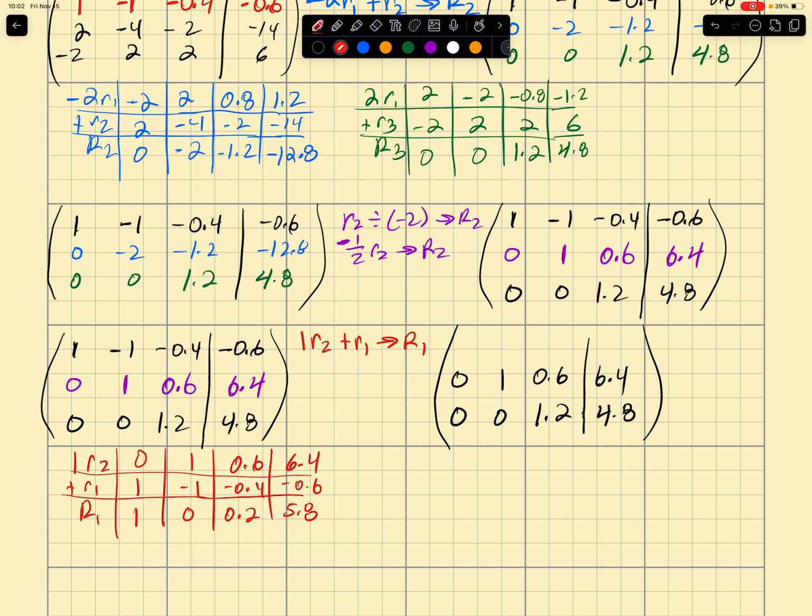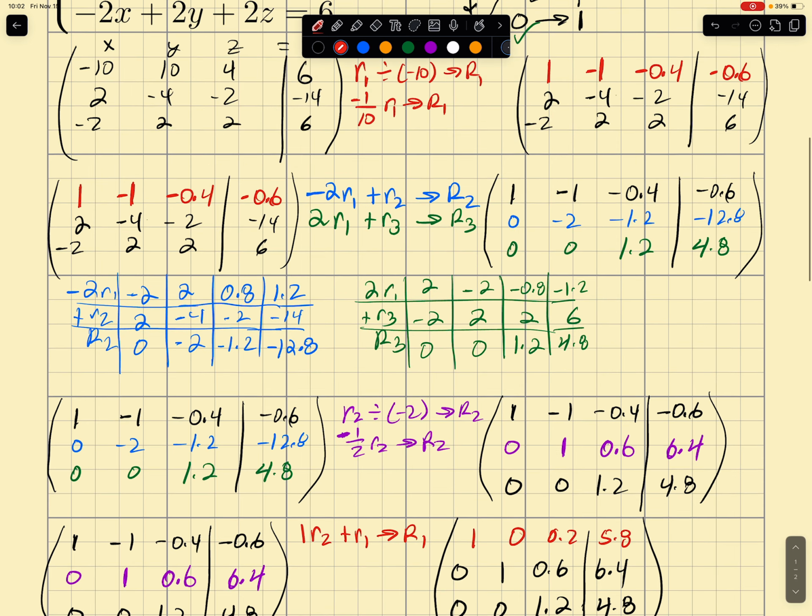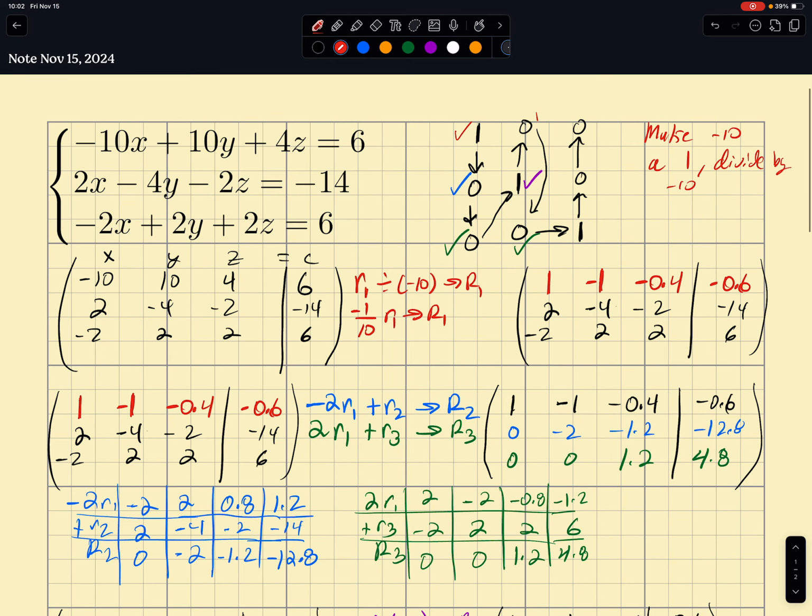So new row 1 is 1, 0, 0.2, and 5.8. Okay. So we're 2/3 of the way there. We've now made a 0 in row 1, column 2, and we got for free earlier row 3, column 2 as a 0. Okay, so the next thing we need to do is we need to make a 1 in row 3, column 3.